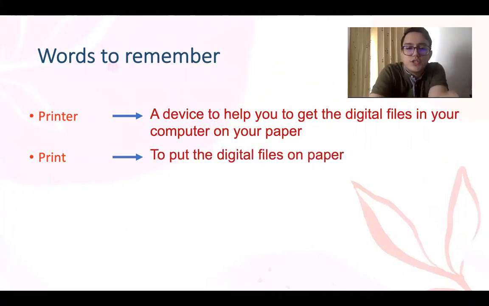To put the digital files on paper, this action is called print or printing. So if I ask you to print something, it means what you have, the picture, the document, or whatever you have on the screen, I need you to print it onto your paper.